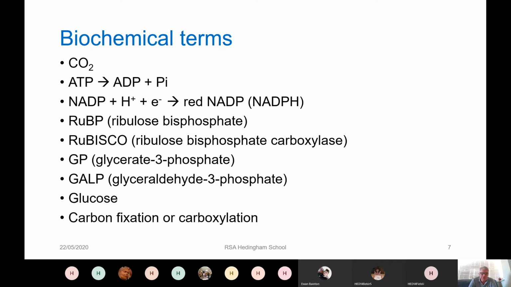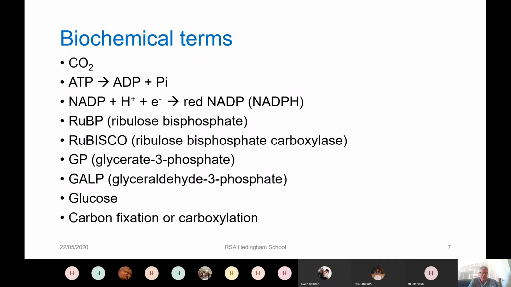And then we have another extremely long one, ribulose bisphosphate carboxylase. What sort of product is that, ending in A-S-E? An enzyme. It is an enzyme, and that is the enzyme that catalyzes the addition of carbon dioxide to RuBP. So ribulose bisphosphate carboxylase is adding CO2 to RuBP.